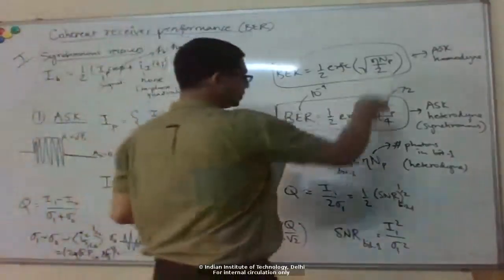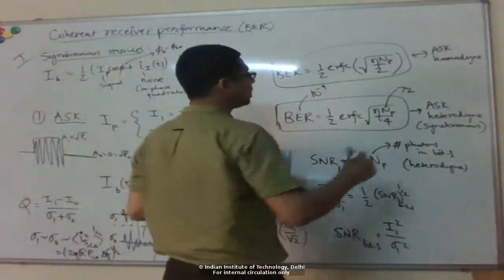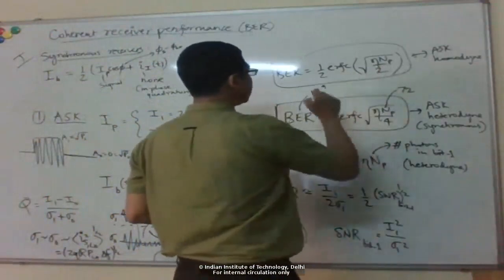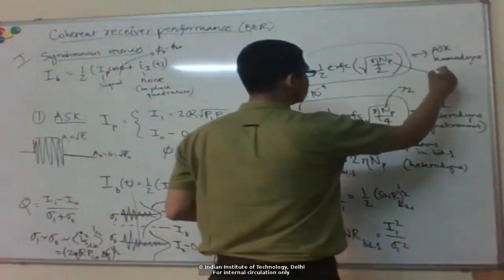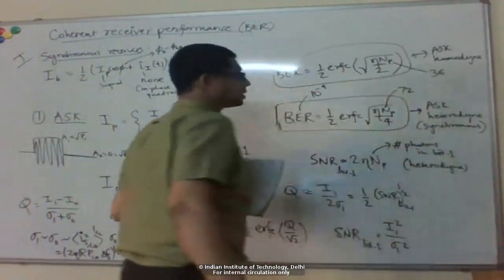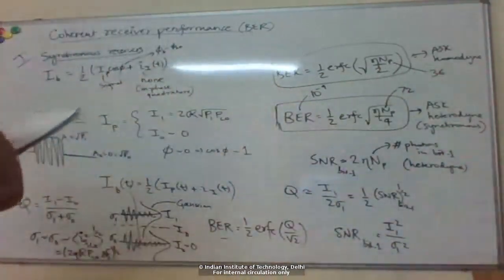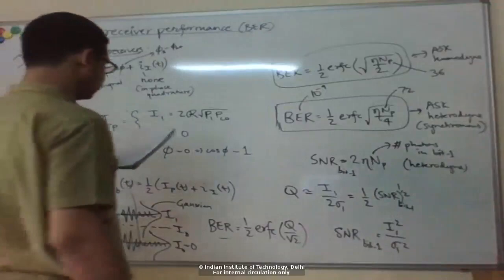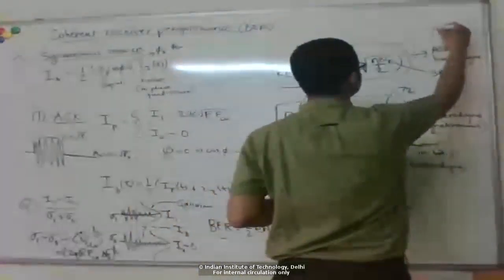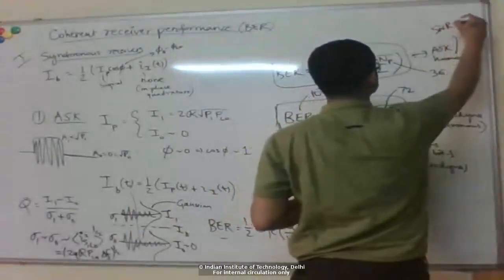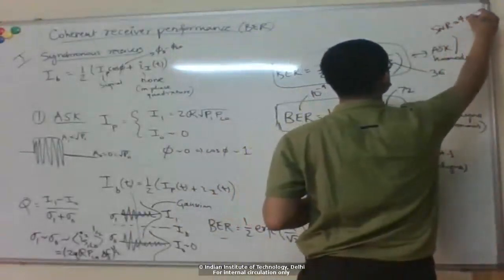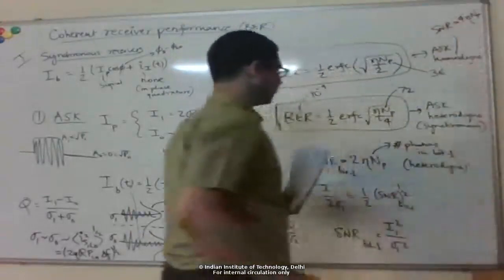Because of this enhancement of 2 in the SNR, for the same BER of 10 to the minus 9 you need only half, so 36 photons per bit. So for homodyne, the SNR was 4 times bigger.